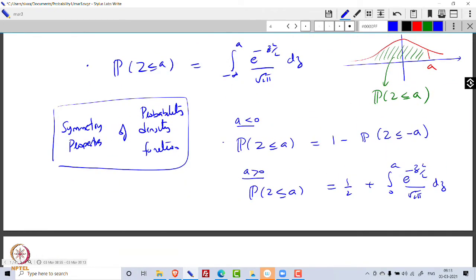All this we began with the first property, that probability Z less than or equal to 0 is the same as Z bigger than or equal to 0, which is a half. So that's how we started off.